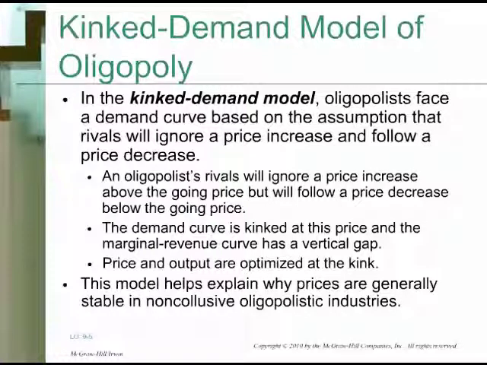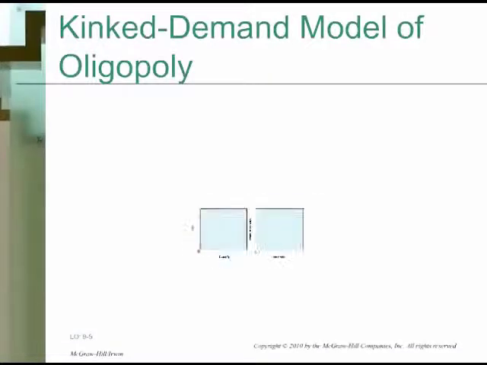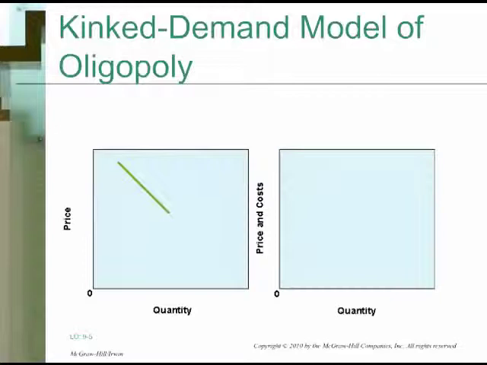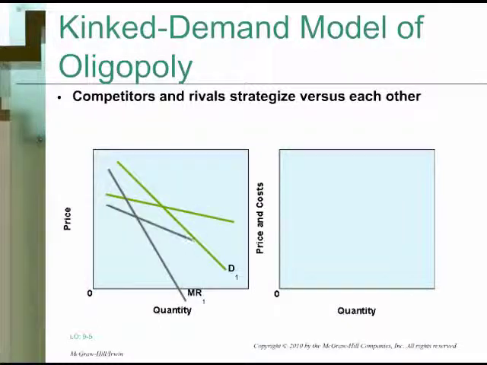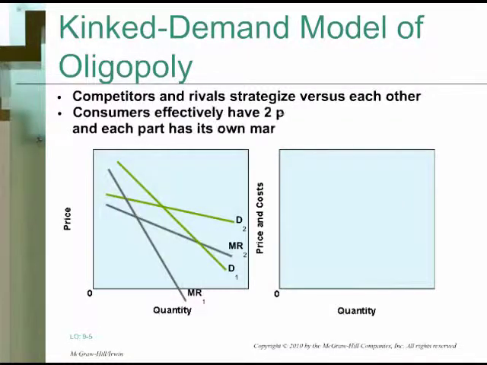This model helps explain why prices are generally stable in non-collusive oligopolistic industries. Graphically, in a kinked demand model of oligopoly, a competitor and its rivals strategize versus each other. Rivals ignore price increases but match price decreases.